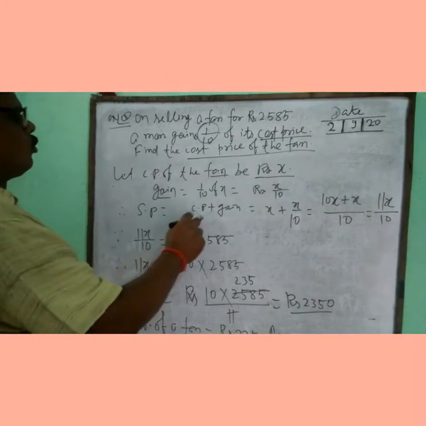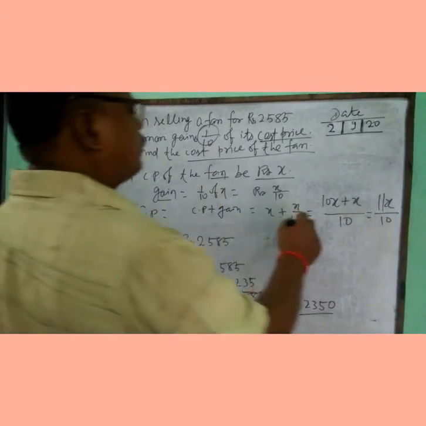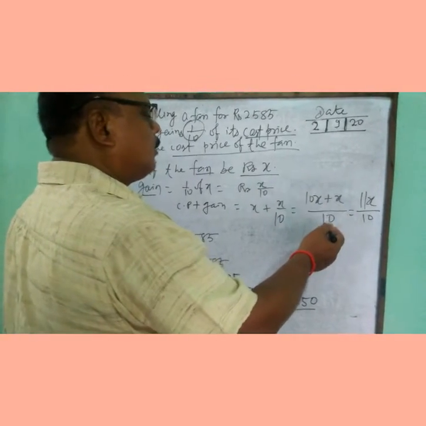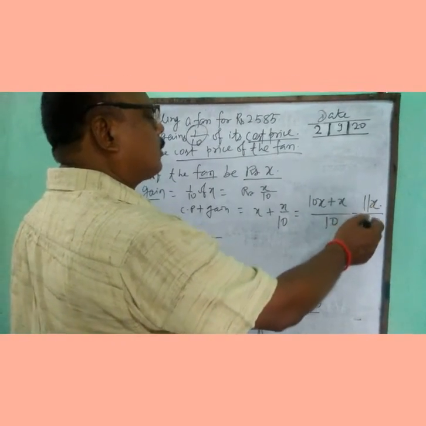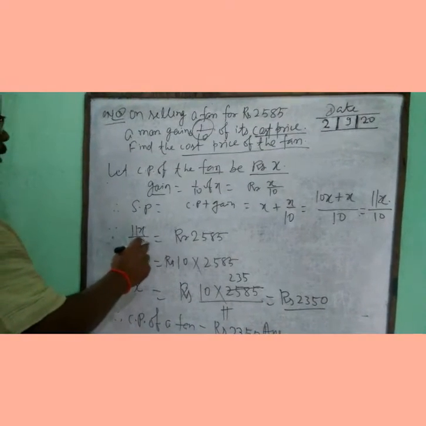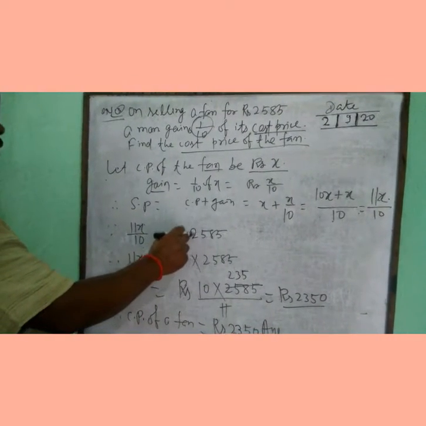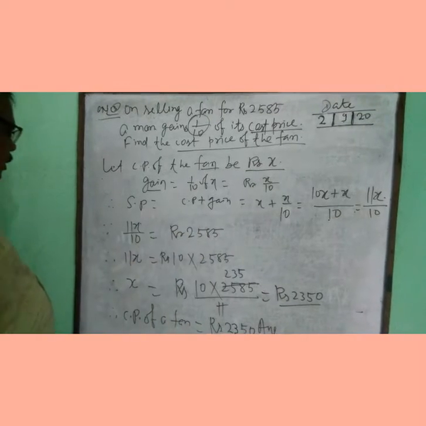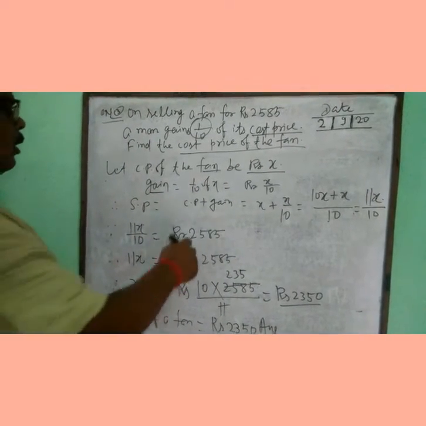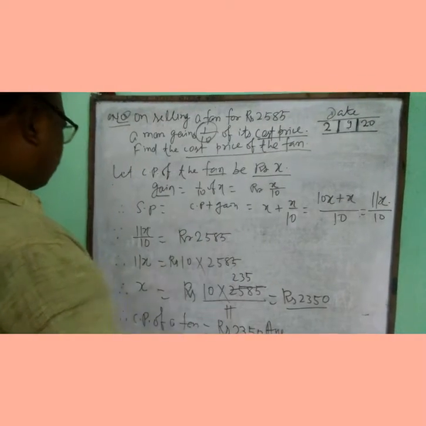Therefore SP is equal to CP plus gain is equal to X plus X by 10 is equal to 10X plus X by 10 is equal to 11X by 10. Because 11X by 10 is equal to 2585, therefore 11X is equal to Rs 10 multiply 2585.